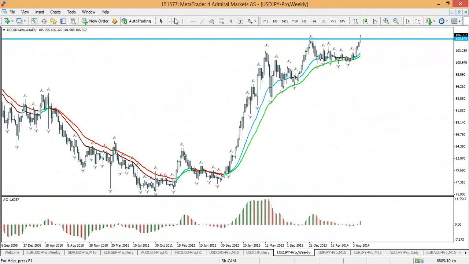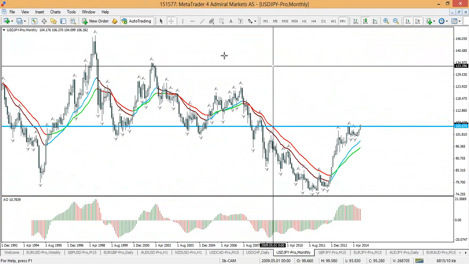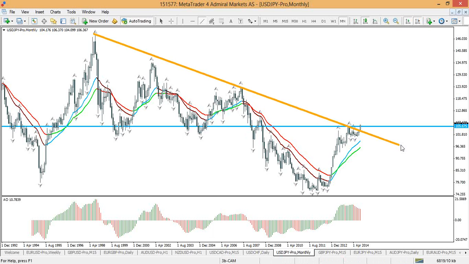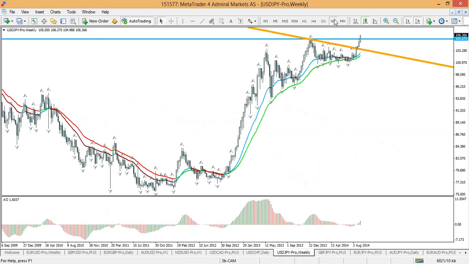And now we're finally seeing the breakout. A very exciting breakout because we are breaking this trend line too. So finally the breakout to the upside is happening, and that took a while, right?